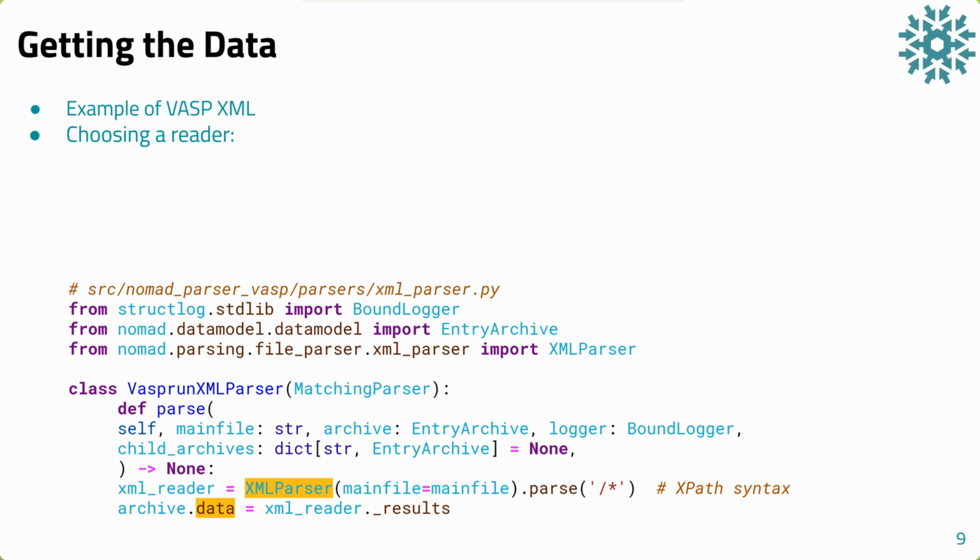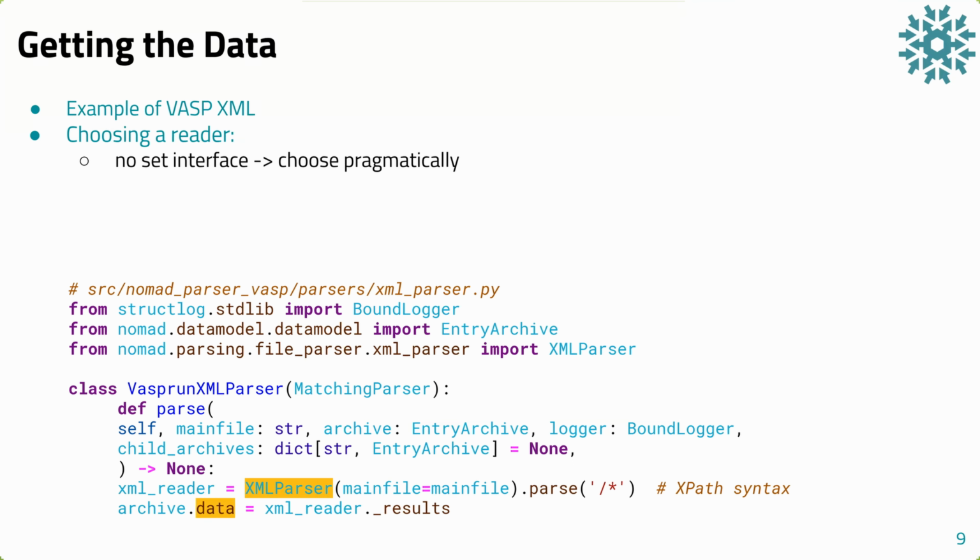So then, regarding the choice of a reader, this part interfaces with our parser. It does not directly interface with Nomad, meaning that you're completely free in choosing which reader you want. There are many common file formats such as JSON, HTML5, and also XML, and you have a whole litany of readers already available online.